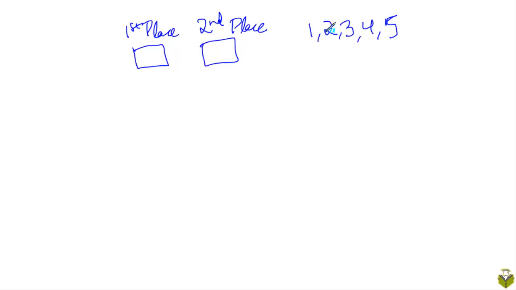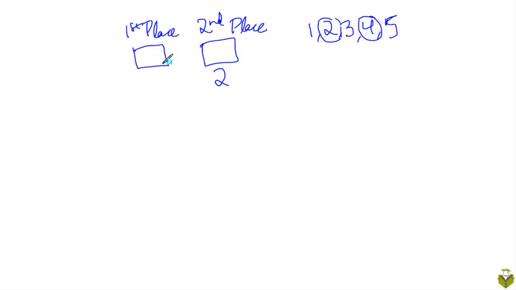And like I said, for getting the even number, we have to look at the second place only, right? So the second place can contain only 2 or 4. So we have two choices for the second place, 2 or 4.